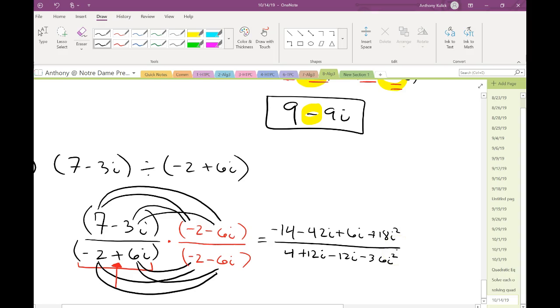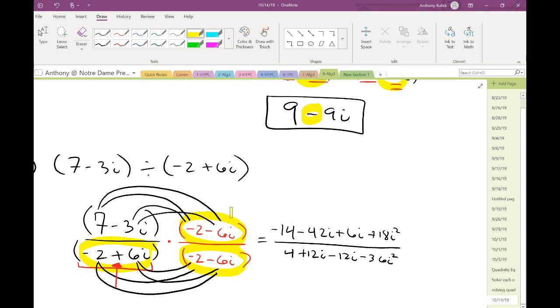Addison? Can you repeat that? Right, so why would I be doing it to the... what is negative 2 minus 6i over negative 2 minus 6i?